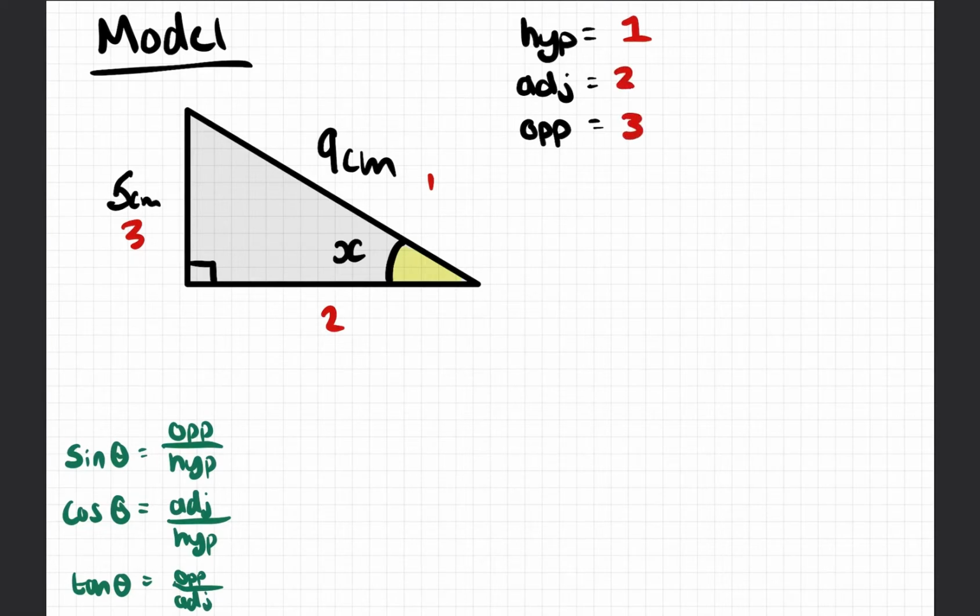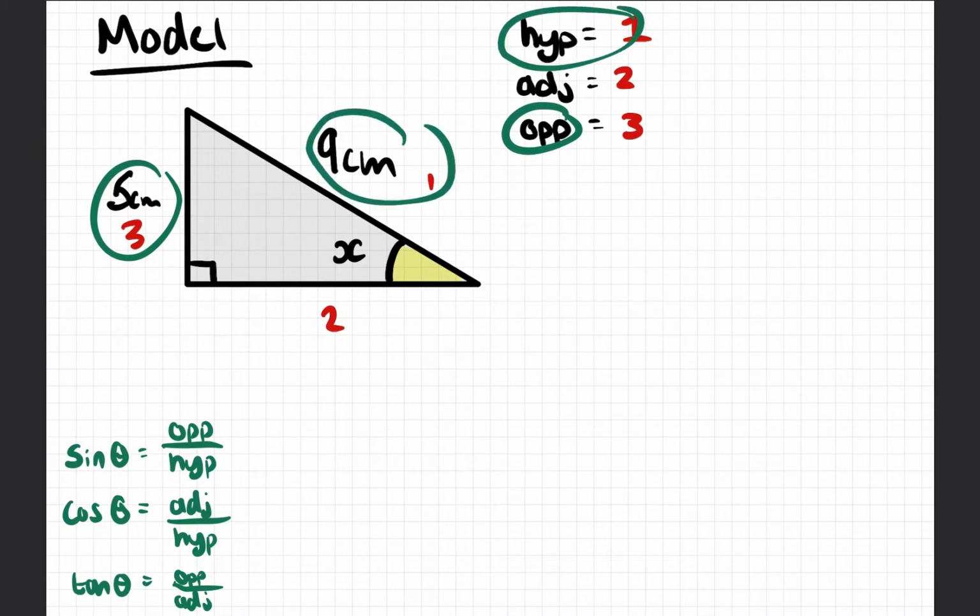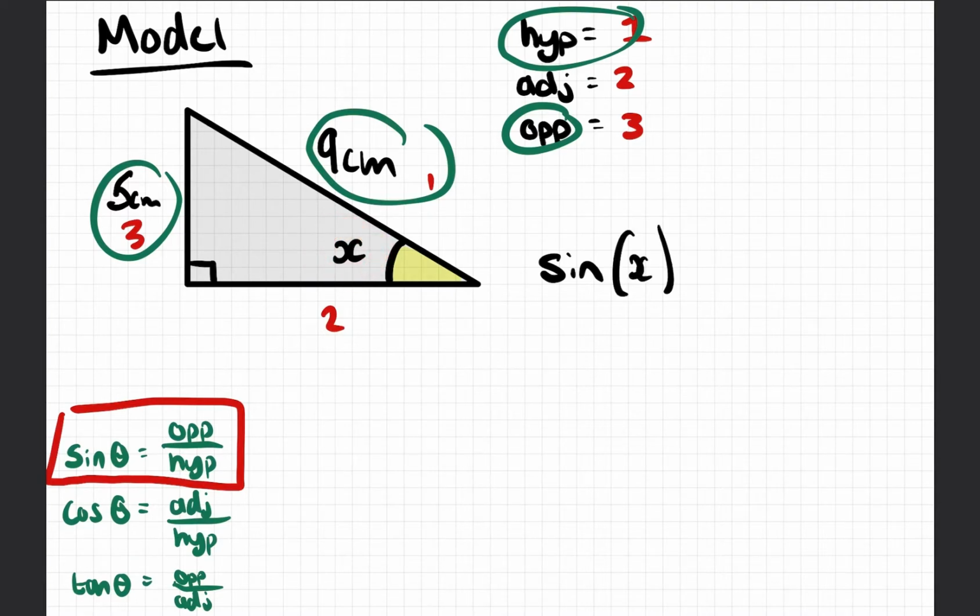Okay, so what do we know? Well, we know the opposite, and we know the hypotenuse. And therefore, what has hypotenuse and opposite in it? Well, sine, opposite and hypotenuse, there we are. That's the one we're going to use. So we can now go sine of our unknown angle x equals opposite over hypotenuse, which is 5/9.